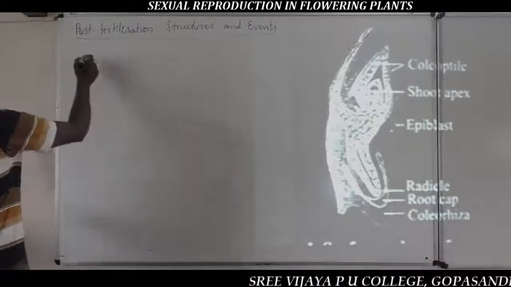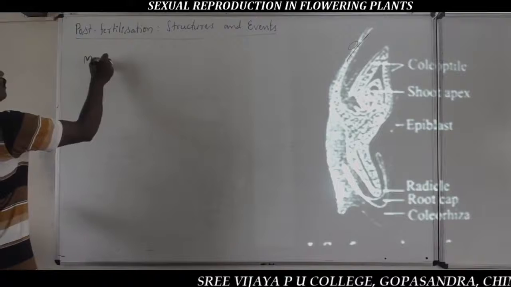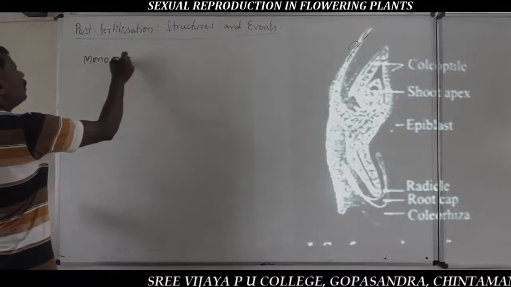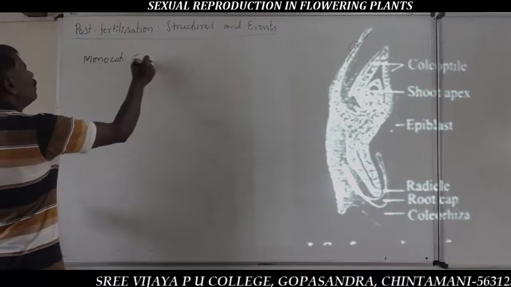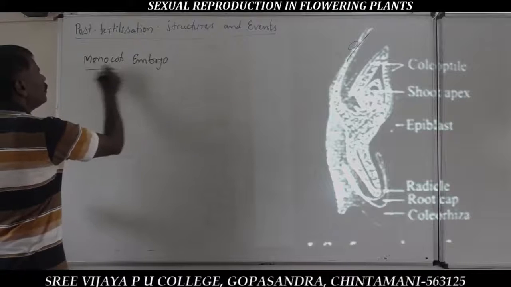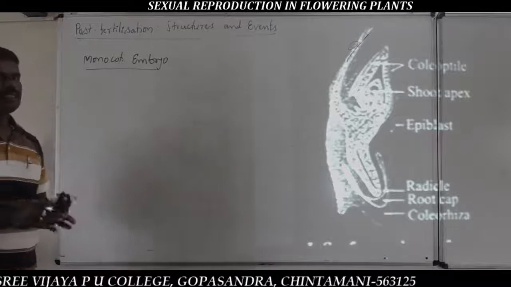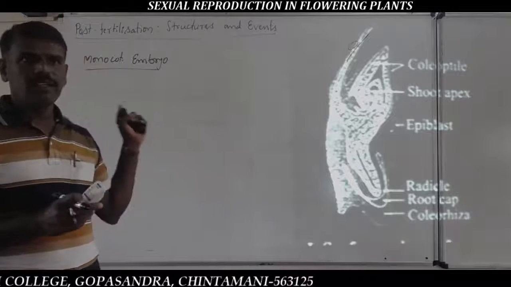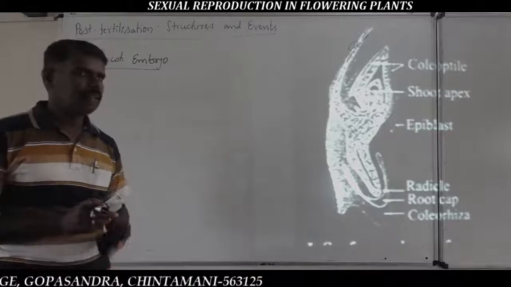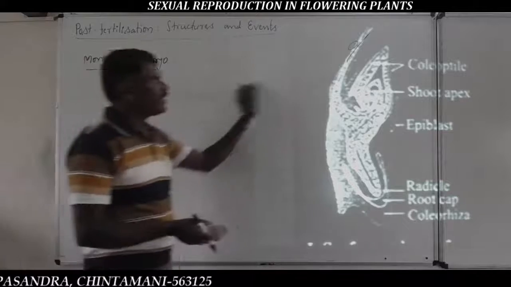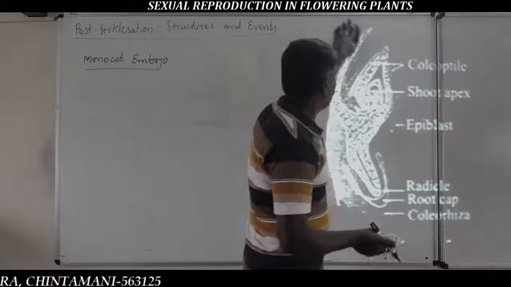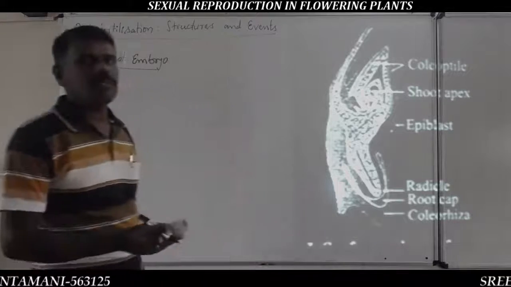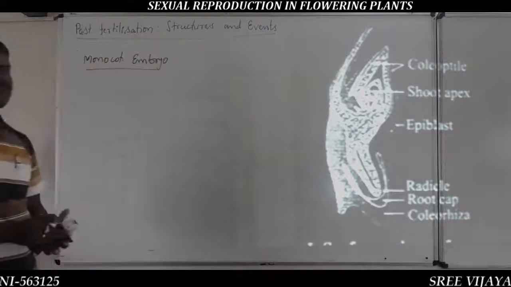Now the monocot embryo is structurally different. The development in the early stages is the same in both monocot embryo and dicot embryo. Structurally, the monocot embryo is different from the dicot embryo.